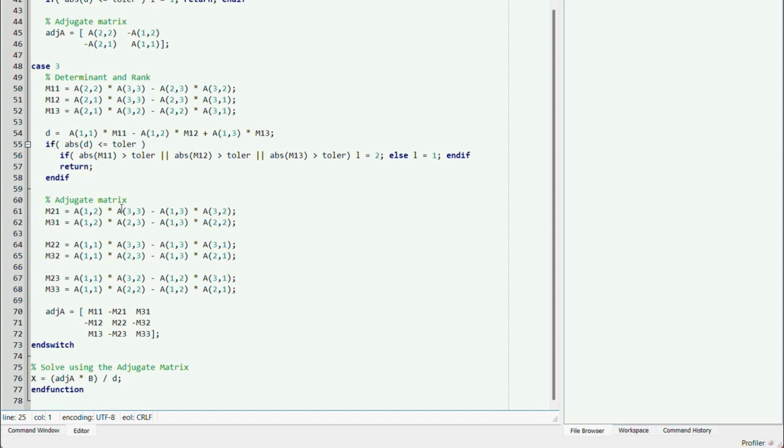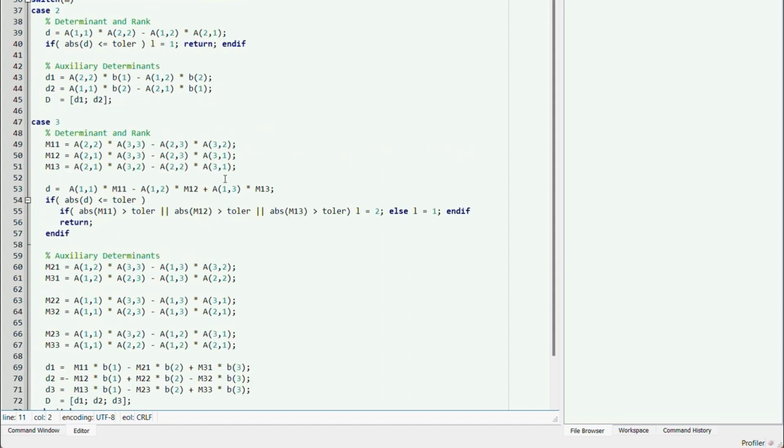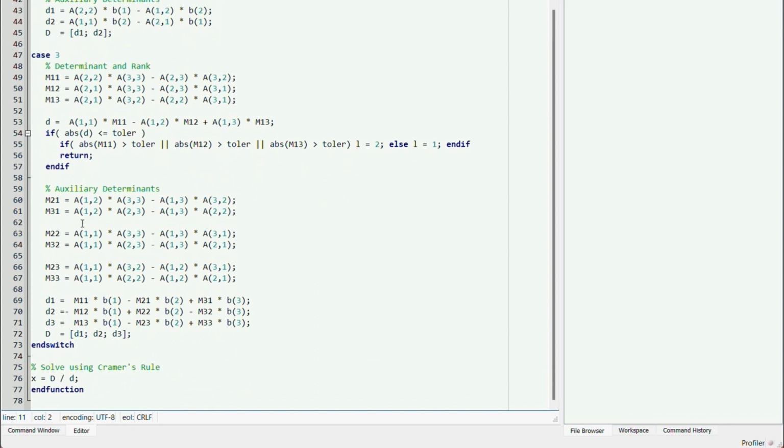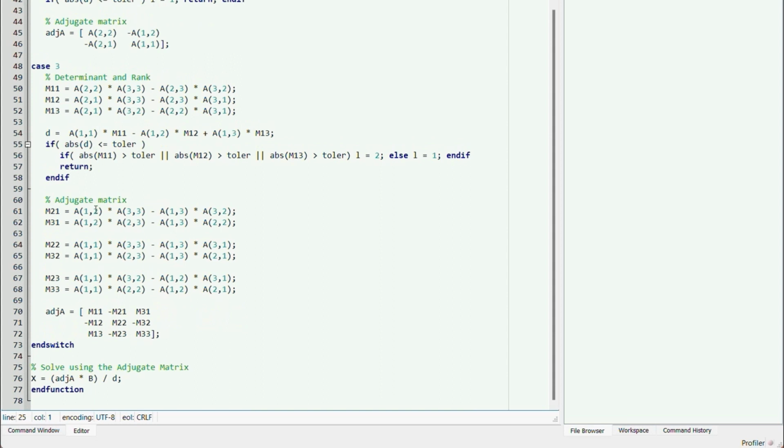The main difference is calculating the adjugate matrix and the auxiliary determinants. But as you can see, the same effort, the same number of minors, exactly the same. And here you might say we have an inner product. Here also we have an inner product.